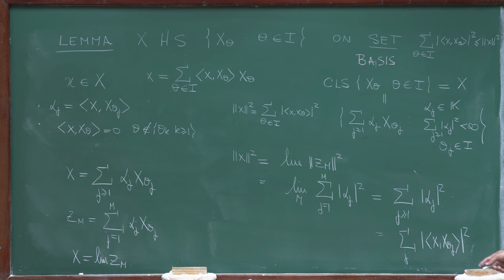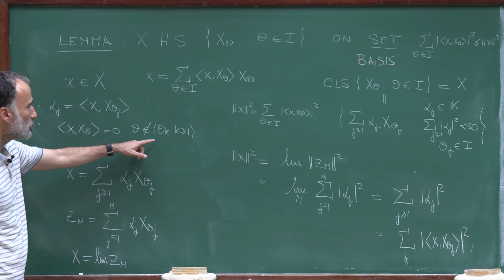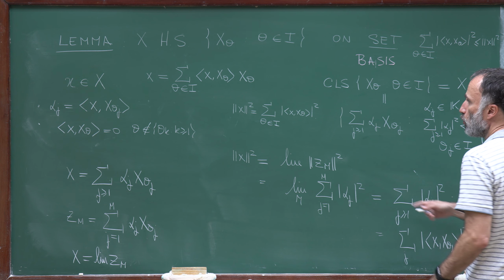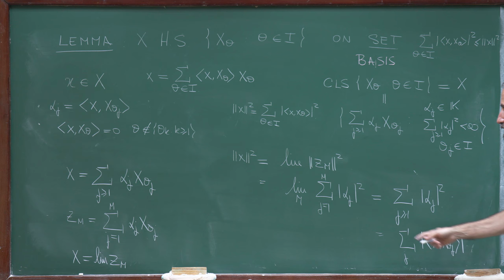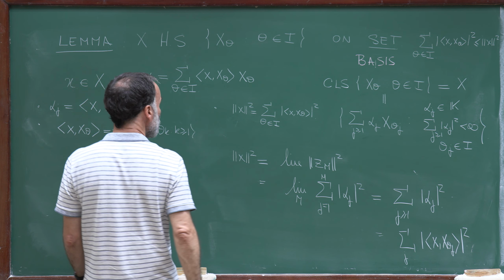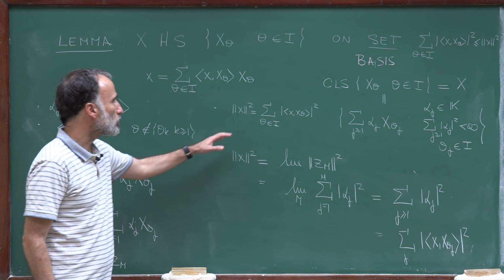And now, since this scalar product is equal to 0 if theta doesn't belong to this set, I can add to this sum all the other terms, because they are all equal to 0. And from this, I get the third claim, which is that this identity, called the Parseval identity, holds.